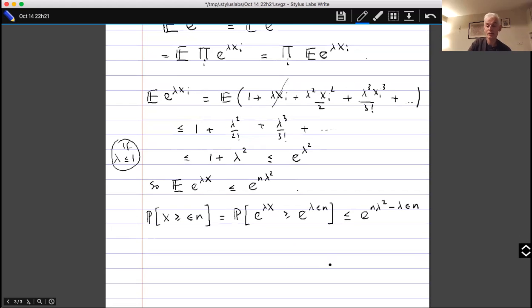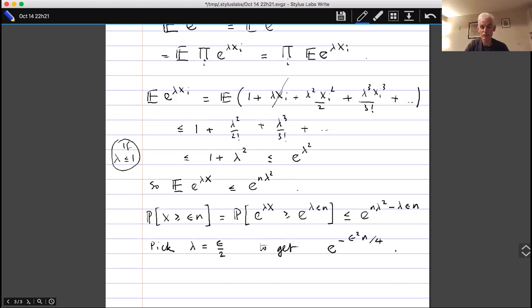And I'm now free to choose lambda. Everything I've said was true for any lambda as long as it was between 0 and 1. So pick the one that minimizes this, which turns out to be lambda equals epsilon over 2, to get e to the minus epsilon squared n over 4 as an upper bound for that quantity.